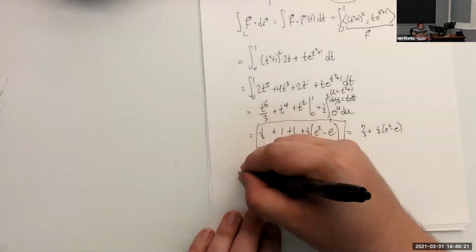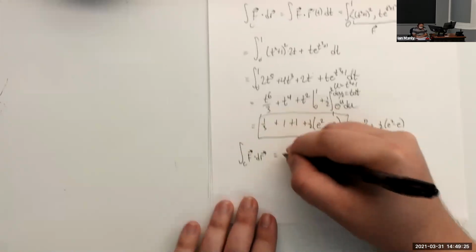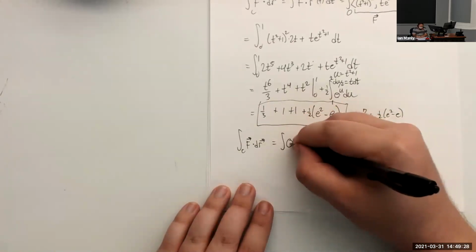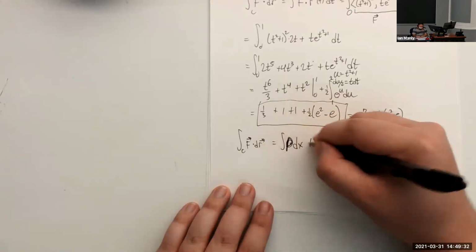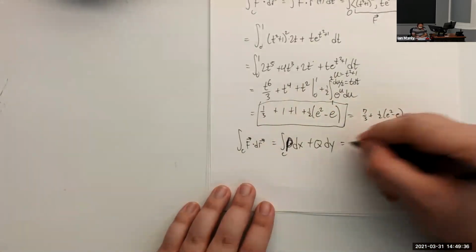So what if we tried to do the integral that way? So if we had the integral of f dot dr, we could write it as p dx plus q dy over this curve.